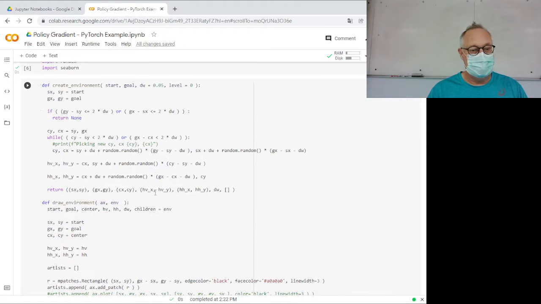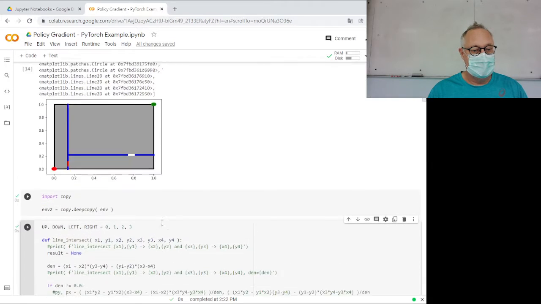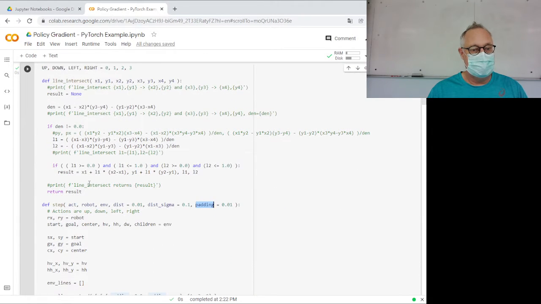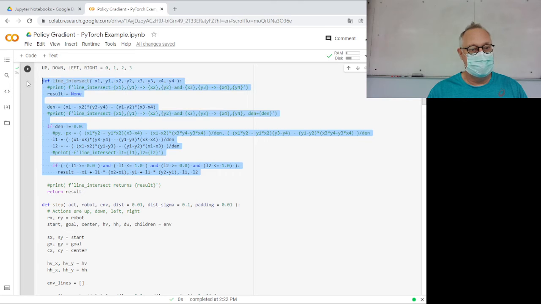So I implement a routine to check if 2 line segments intersect. One line segment is from x1, y1 to x2, y2. The other one is from x3, y3 to x4, y4.